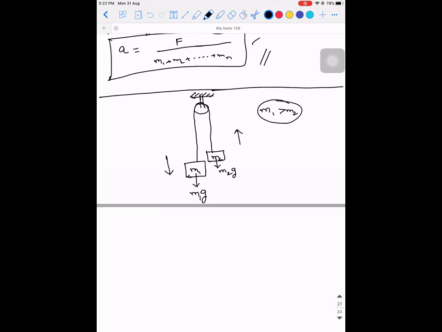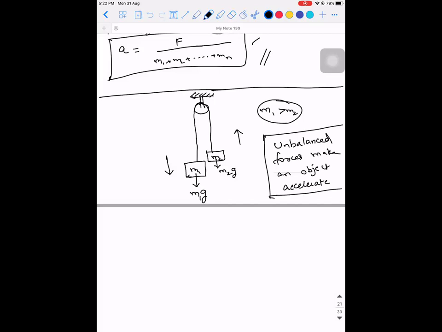You need unbalanced forces. Unbalanced forces make an object accelerate.